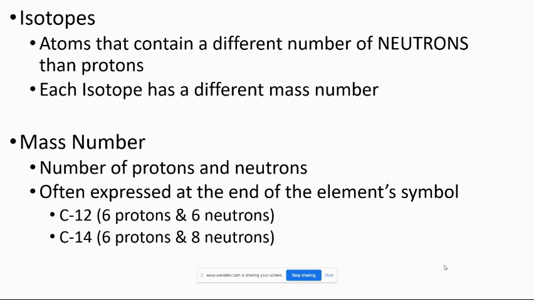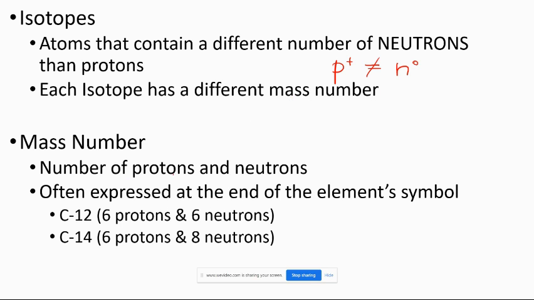Isotopes then. I alluded to that name a few minutes ago when I was talking about average atomic mass. An isotope contains a different number of neutrons than protons. So if you want to think about it as a mathematical kind of thing, that's what it would look like. Each isotope is going to have a different mass number.